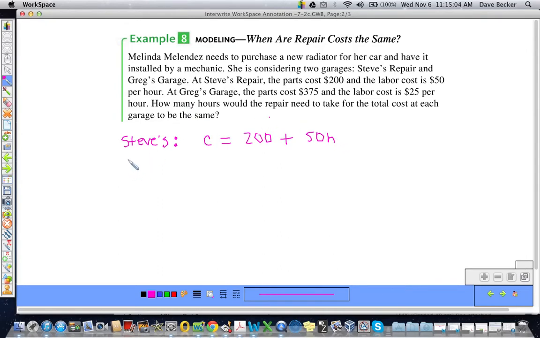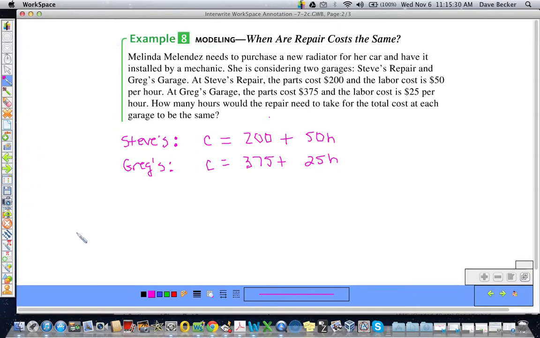And at Greg's, what do we have? Greg's garage, the cost is $375 for parts plus $25 per hour for labor, how much time it takes them to install the radiator. How many hours would the repair need to take for the total costs at each garage to be the same?